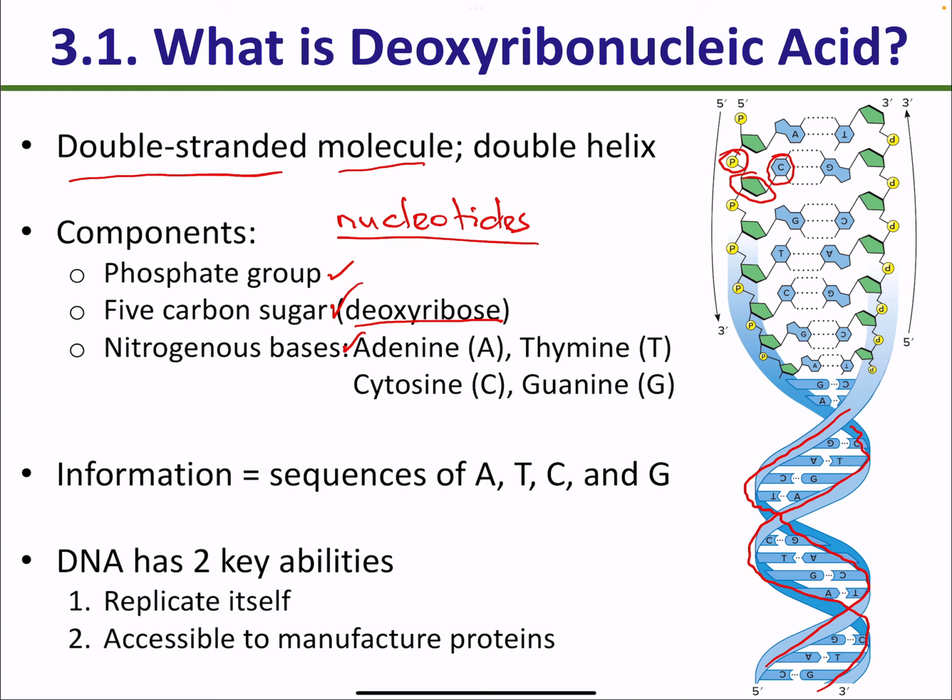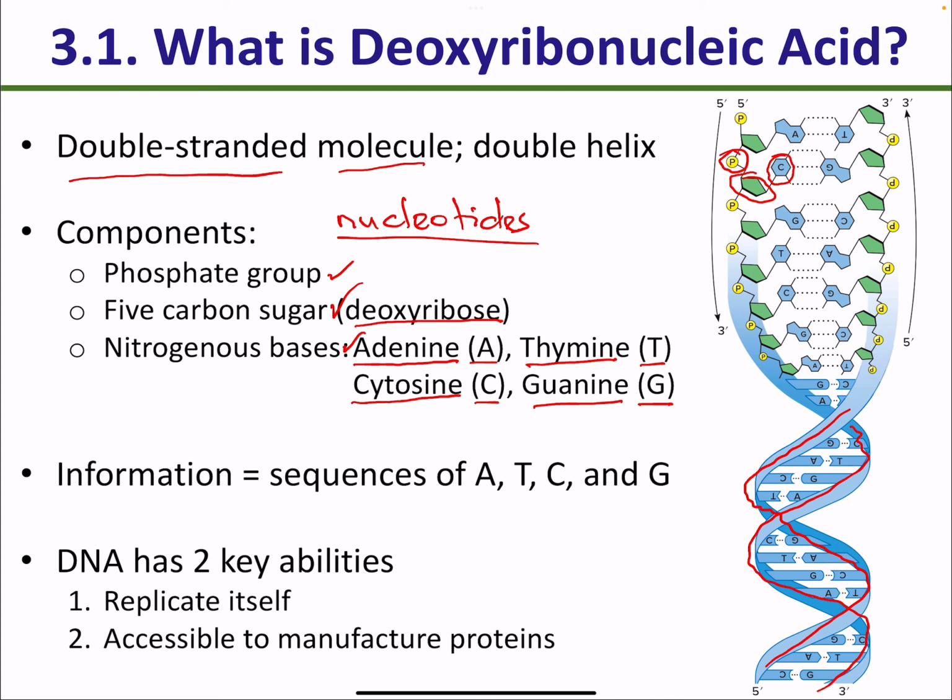So you have three parts that make up a nucleotide: a phosphate group, a 5-carbon sugar that is called deoxyribose, and a nitrogenous base. Now, there are 4 types of nitrogenous bases that are found in DNA. We do have adenine, abbreviated A, cytosine, abbreviated C, thymine, abbreviated T, and guanine, abbreviated G.